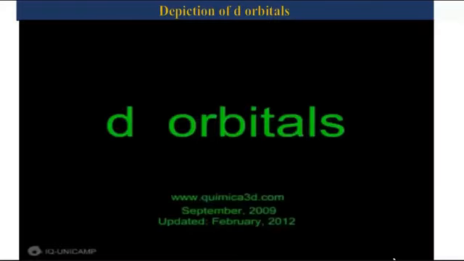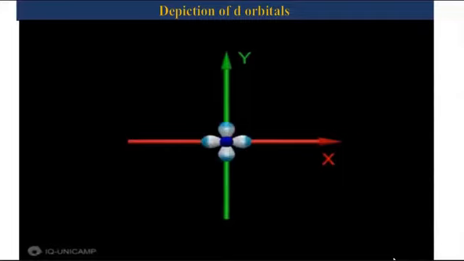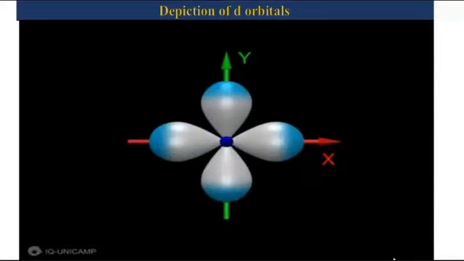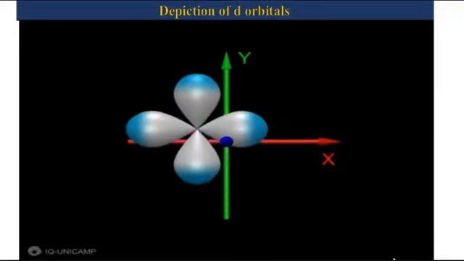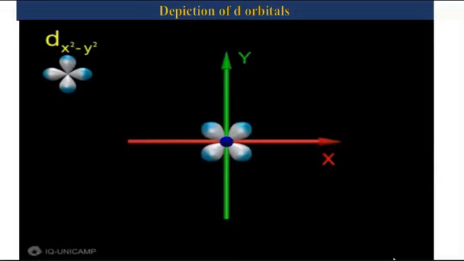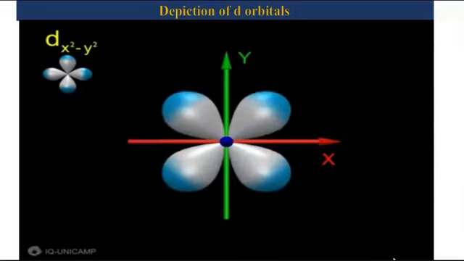Now, I think for the f orbital, I have shown you the animation. Now you see for the d orbital. Now see here, the lobes are orienting in between the x and y axis.